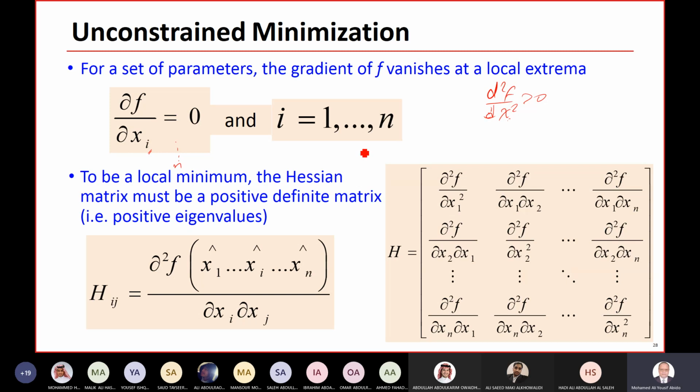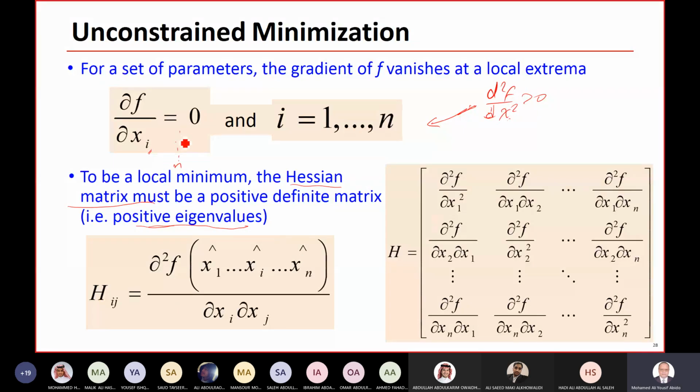So in this case, the second condition becomes the Hessian matrix. The Hessian matrix must be a positive definite matrix. That means the eigenvalues of the Hessian matrix are positive.